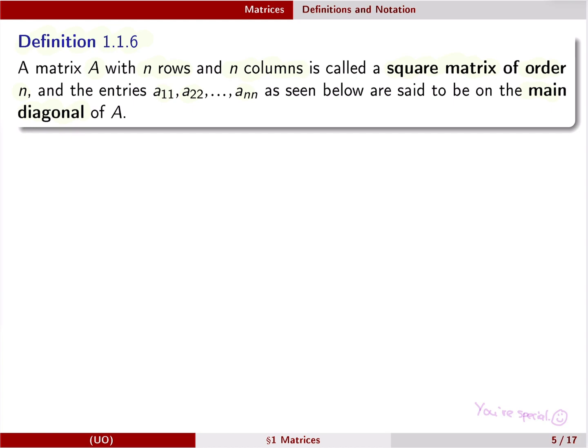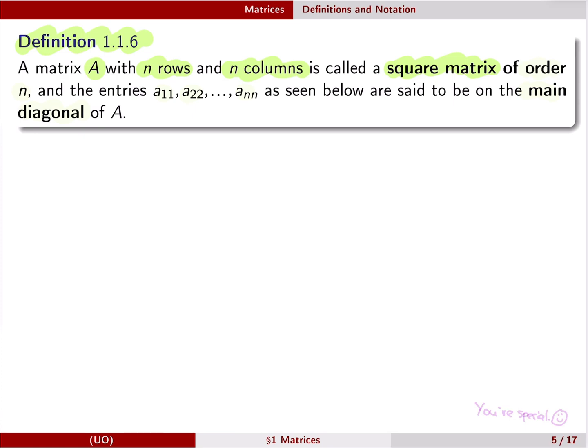Last definition of this section that I already introduced earlier in my previous example is the notion of a square matrix. So a square matrix A is just a matrix where the number of rows and the number of columns are the same. So if we have an n by n matrix, we have a square matrix. Sometimes we specify the order or the size of that matrix.